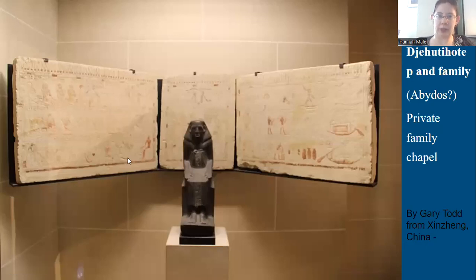This is from the Louvre as well. And this is a limestone stele, so that's what this full object is. I think it was one stele, and it's broken apart now into these three pieces. And this comes probably originally from Abydos and from one of those private family chapels that was set up.